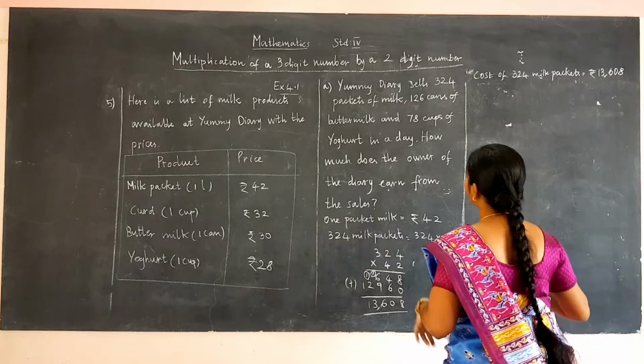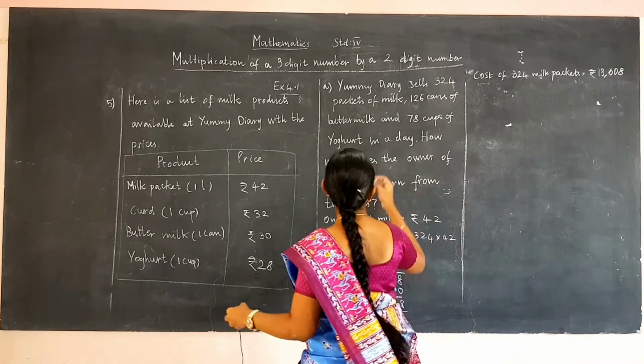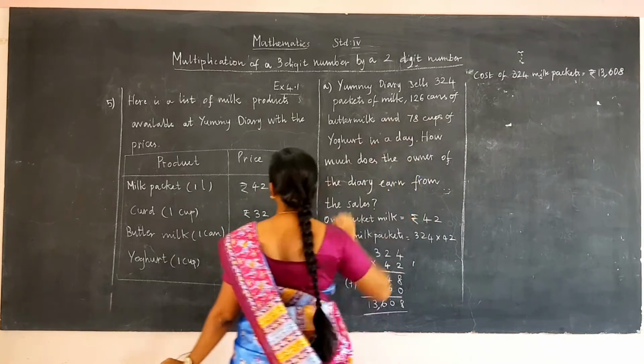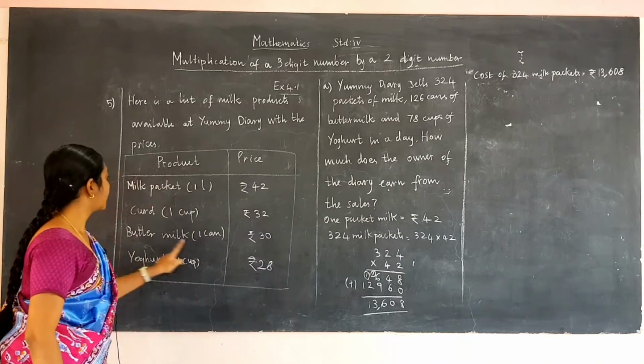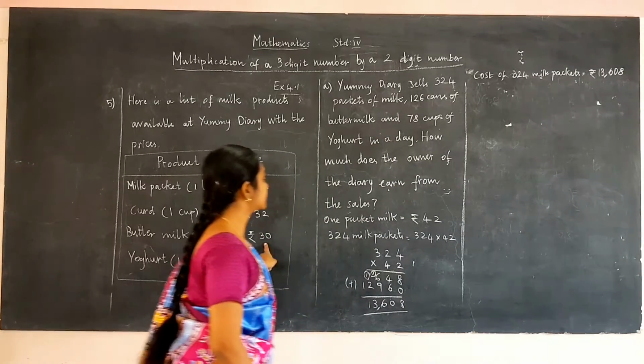Next we are going to find the cost of 126 cans of buttermilk. 1 can of buttermilk is rupees 30.